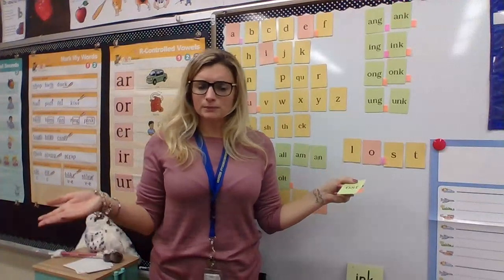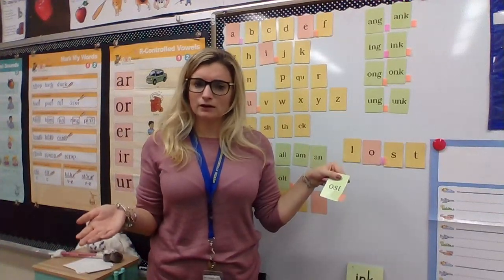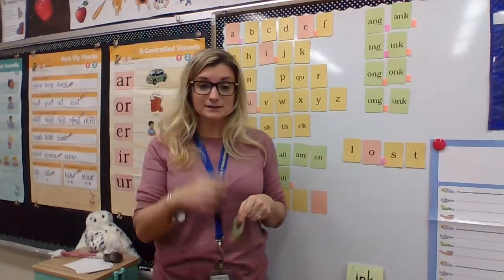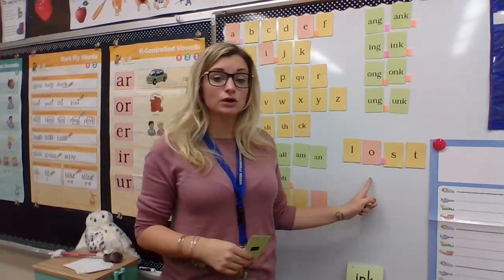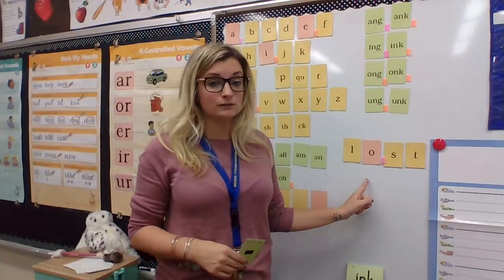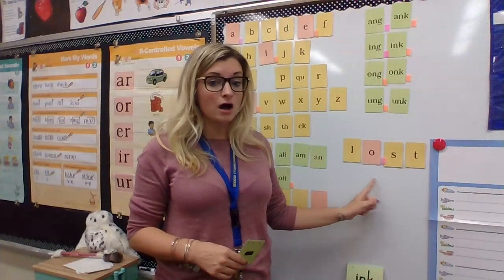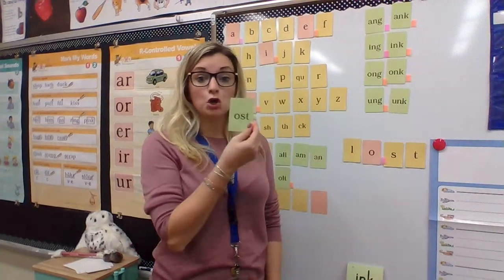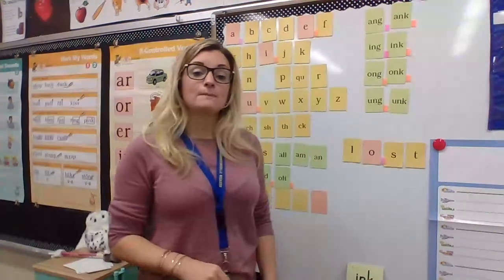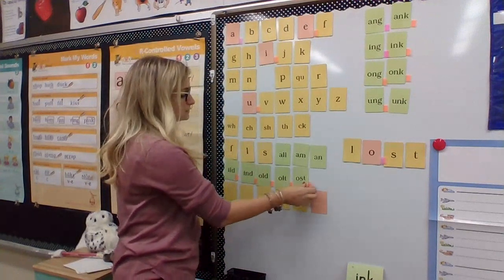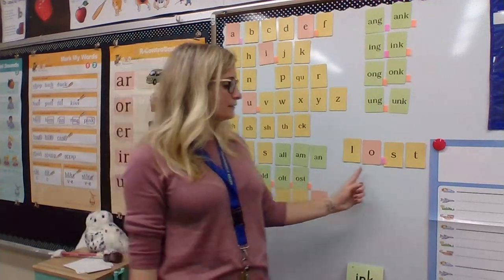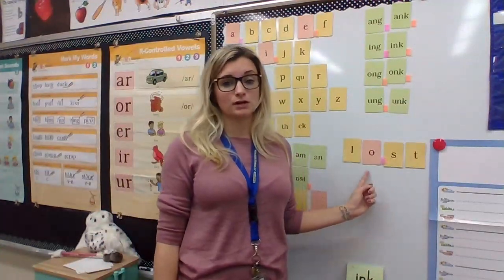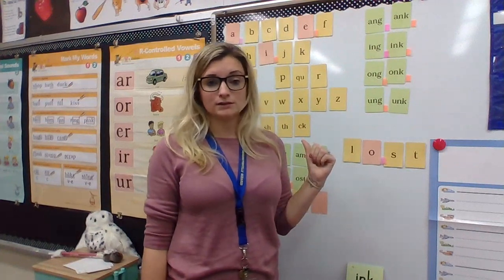So you're probably wondering, well, Mr. Rubel, why can't I just use the green card? Because if we look at that O in this word, it actually makes the short sound. Lost, not lost. So if it makes that short vowel sound, then we use the separate sound cards. We won't use the green cards.